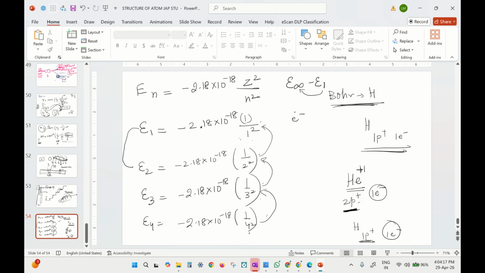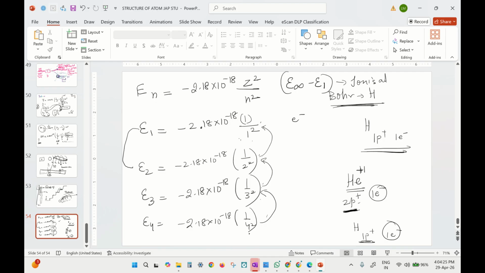This is actually ionization. When we say sodium lost its electron, lost forever, it went to the infinite shell. Hydrogen lost its electron, where did it go? It moved from the first shell to the infinite shell. Understood?